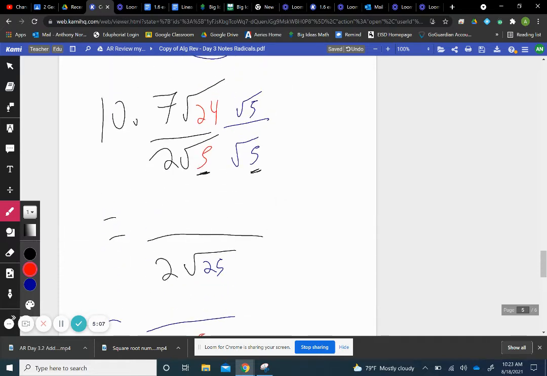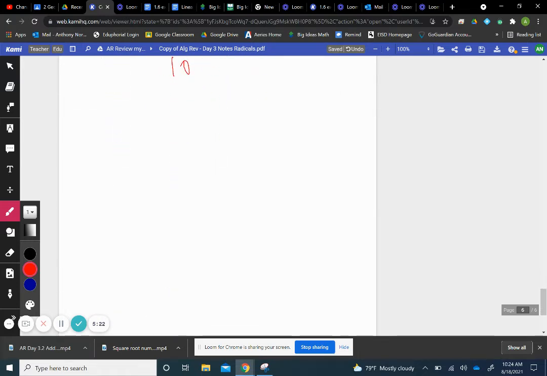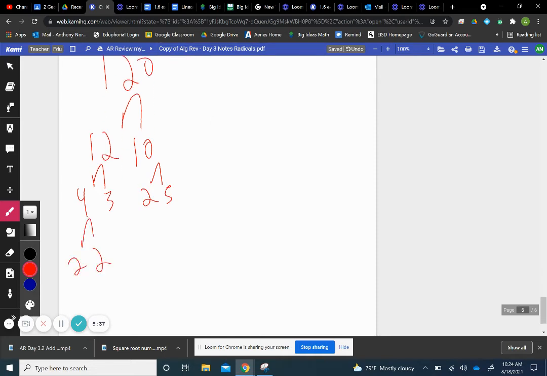So now to figure out the top. Top, we have 7 square roots of 24 times 5 is 120. We're going to need to do our factor tree. Just like before, just like we've been doing the whole time. Nothing changes. It's the same steps. Sometimes it's just a longer wind up.